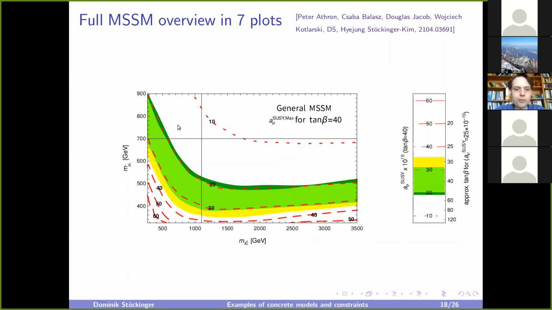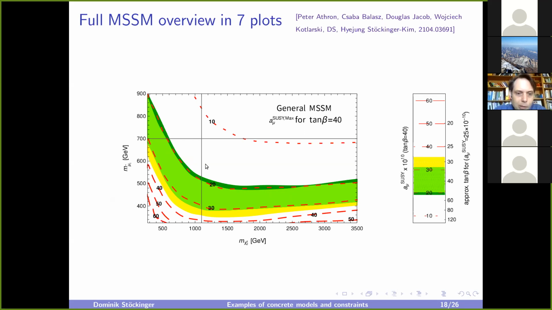The trick is that you should look at the lightest slepton mass on the y-axis and the heaviest chargino mass. If you look at it in this way, then you can make a full scan of the MSSM, and you see that in order to explain g-2 at the 1 sigma level, you have to be in this parameter region.